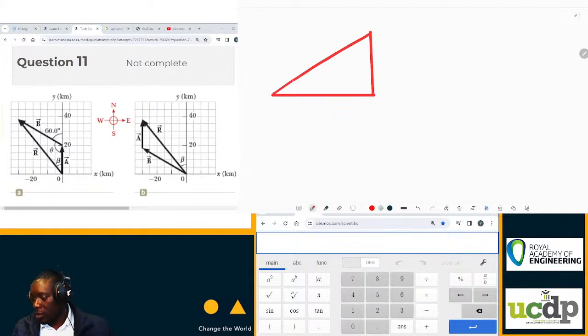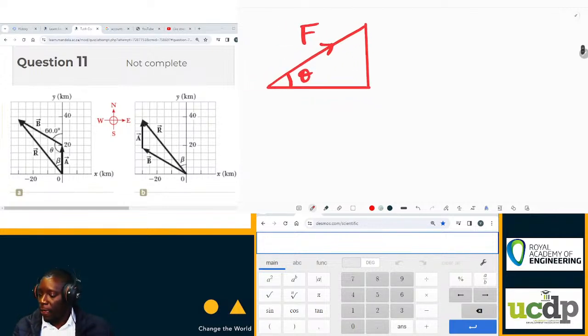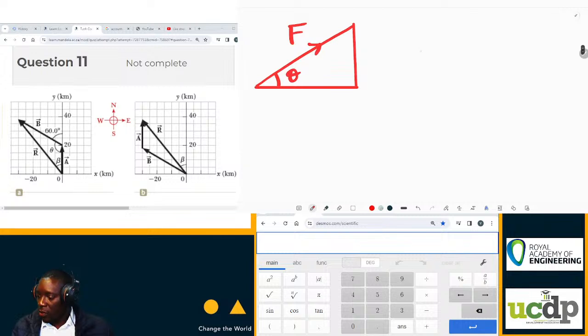Okay, so let's say we have theta there. We have a vector. This time it's a force, right? So I'll start with it, let me say from an origin.